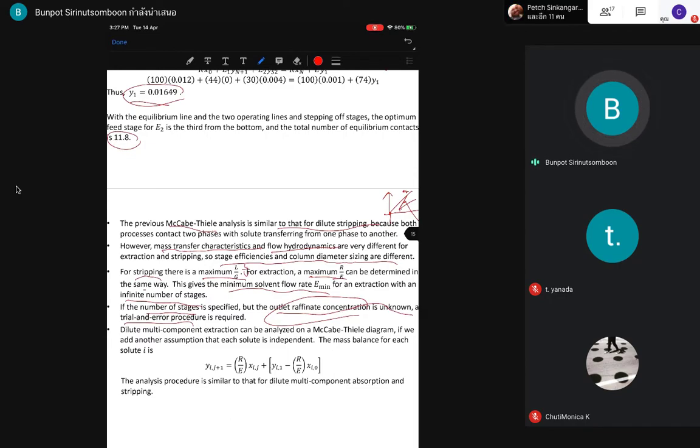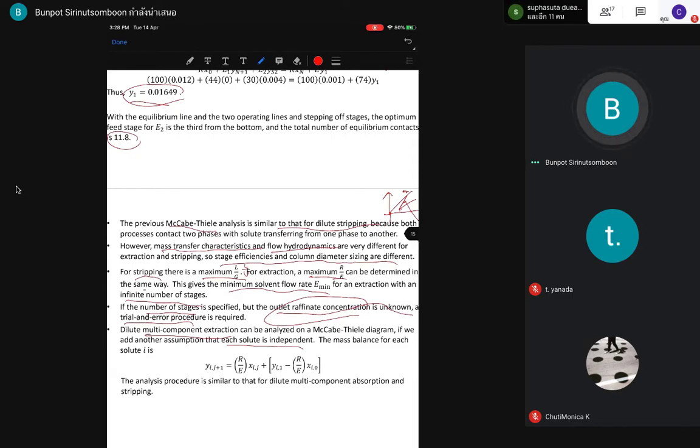Also, similar to stripping, if you deal with multi-component extraction, where you have multiple solutes in your system, you may assume that each solute is independent and do the calculation one solute at a time, just like when we dealt with multiple solutes in the previous chapters.